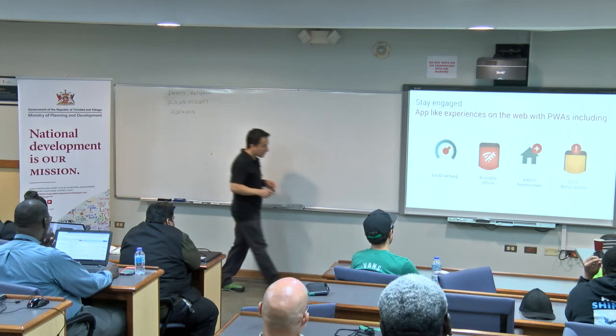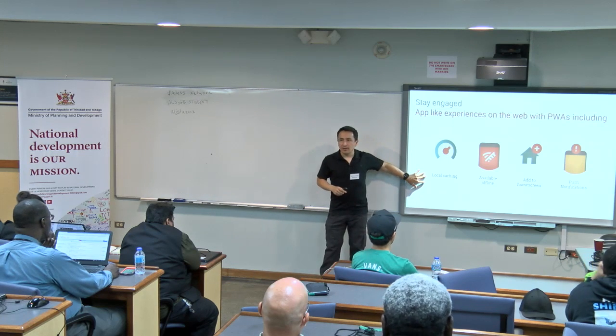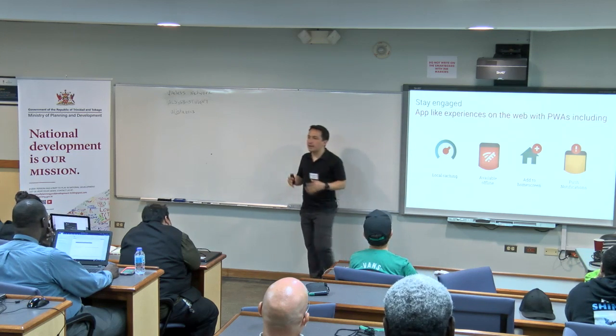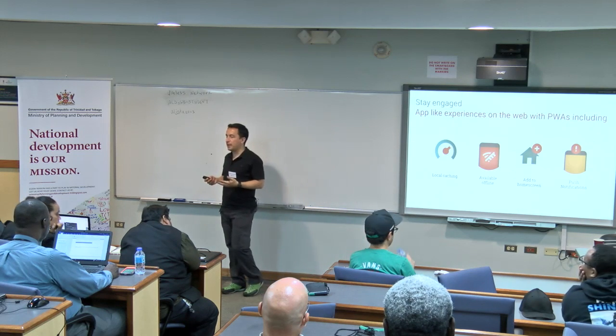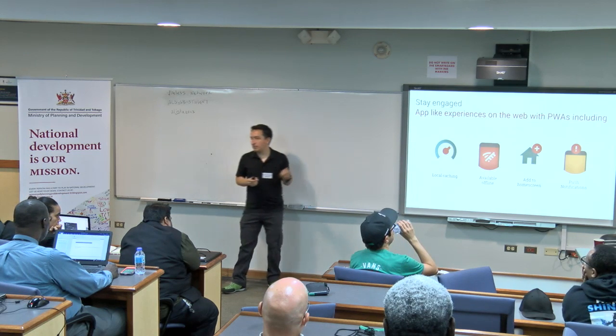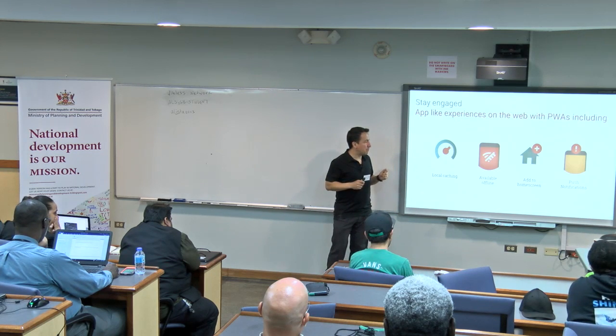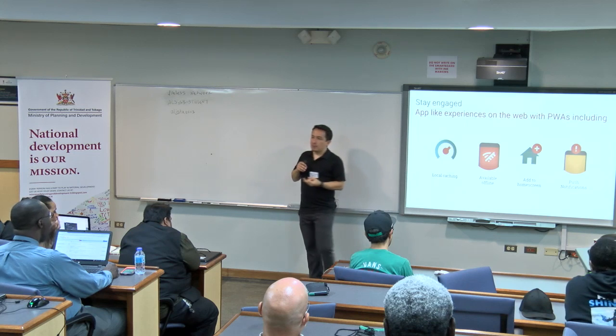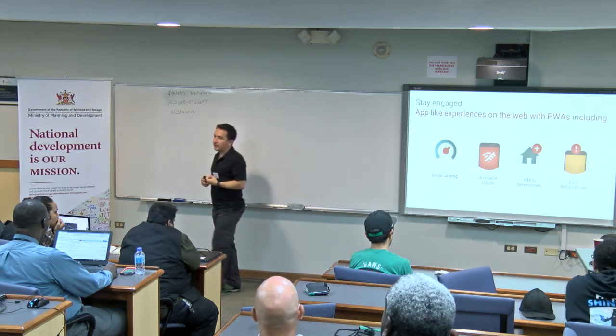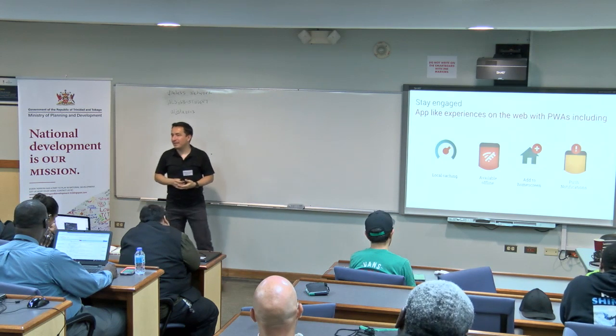The first one is local caching. We didn't have access to local caching in a web app. Now we can do that with the PWA. It was impossible to work offline with online content.